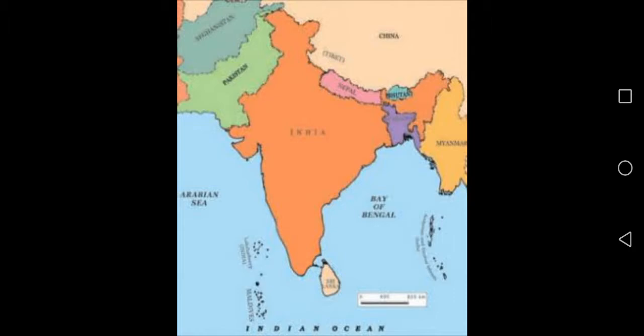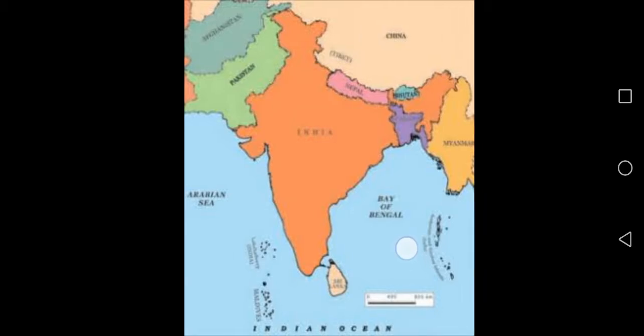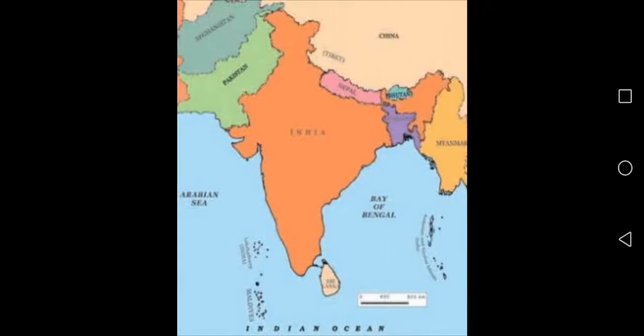Toward the west, if we look, then Pakistan, Afghanistan, and towards the south we can say Sri Lanka and some islands like Maldives, Andaman Nicobar Islands and Lakshadweep Islands. So they all are our neighbors.